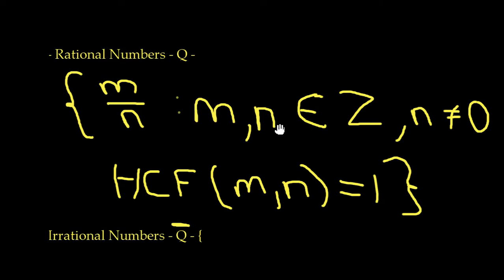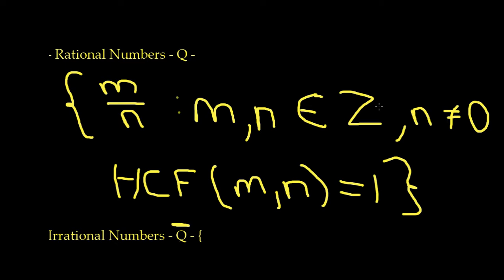Let me start from m and n, numerator and denominator, where the colon in mathematics means "where". m and n belong to the set of all integers.